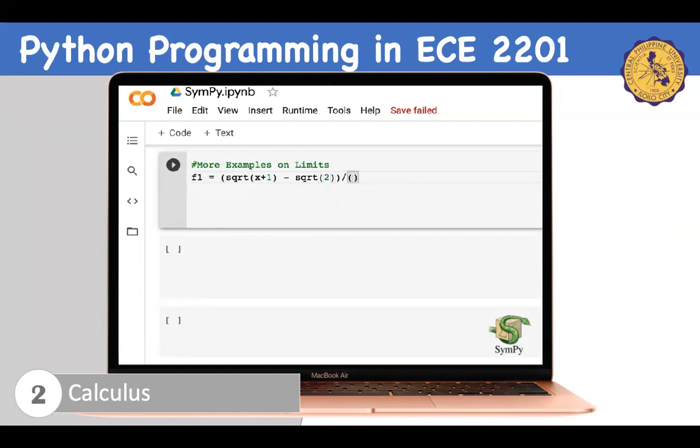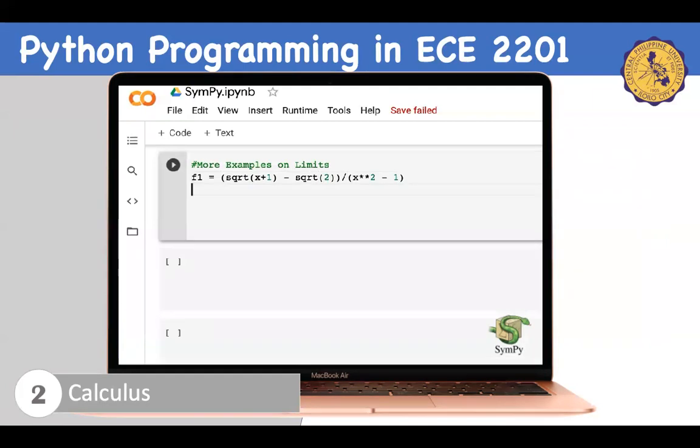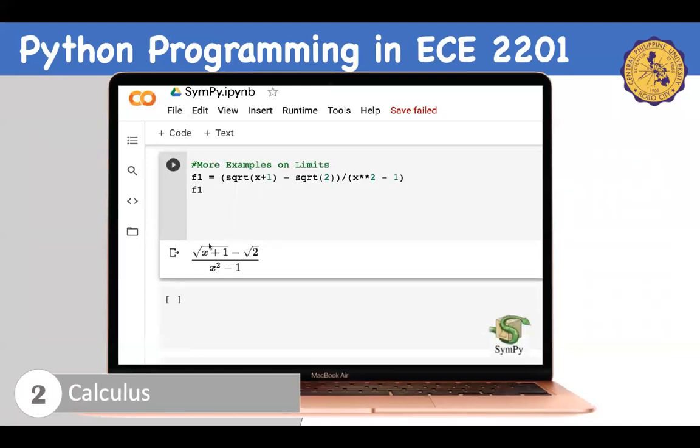all over x squared minus 1. So let's first display the function. This is square root of x plus 1 minus square root of 2 all over x squared minus 1. Then we will display the limit of f1 when x approaches 1.